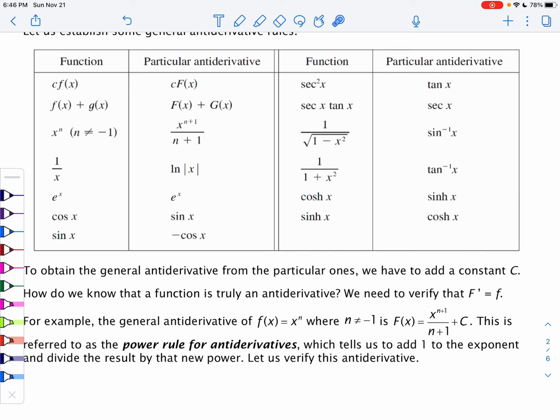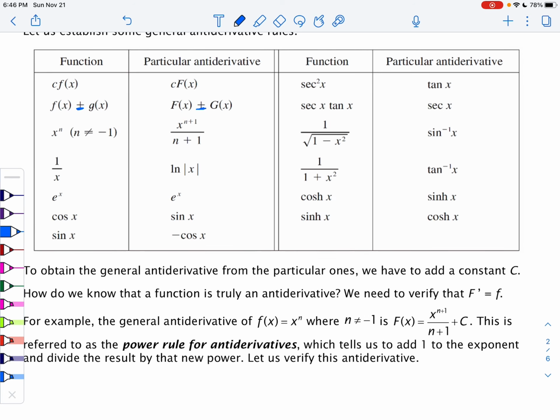We can use our algebra of derivatives. We know that a constant times a function, the derivative of that is going to be the constant times the derivative of that function. The derivative of a sum or difference is going to be the sum or difference of those derivatives, right?